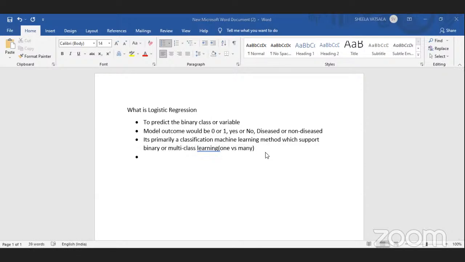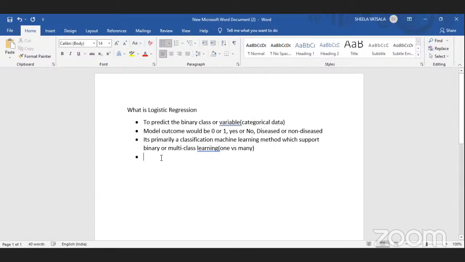Next, how do we specify that it is binary and supposed to be for categorical data only? Let me mention this: it is specific for categorical data.